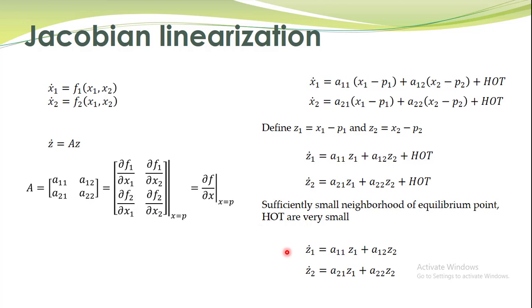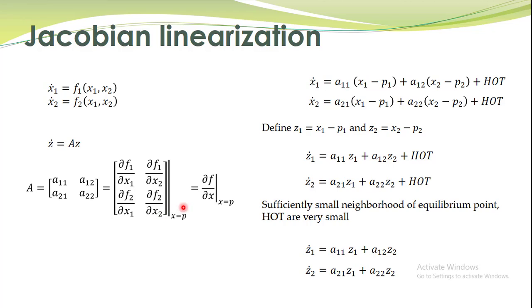You already know how to write these state equations into this form. If you write it in this form, A is equal to this matrix, where a11 is the partial derivative of f1 with respect to x1, and so on, all the things evaluated at the equilibrium point.